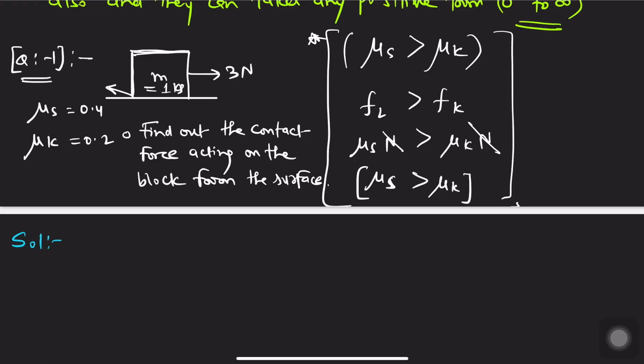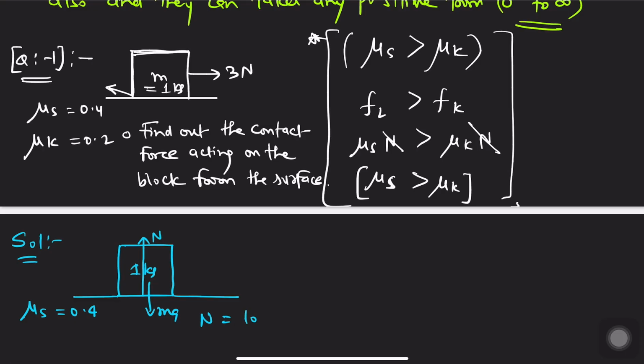So if you see, this is the body, mass is given as 1 kg, and mu s is given as 0.4. It means the limiting friction, because the body is at rest, we can say the normal force will be equal to mg, and the normal force is nothing but 10 Newton.